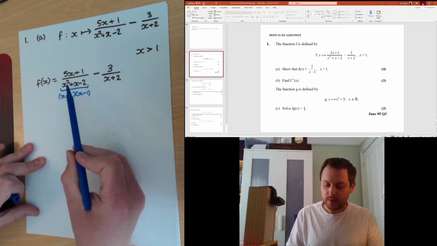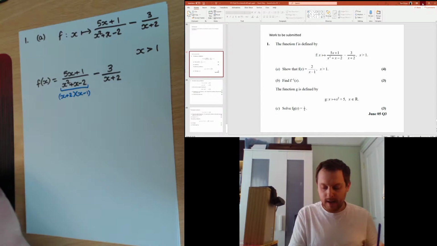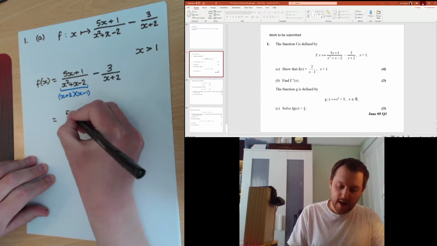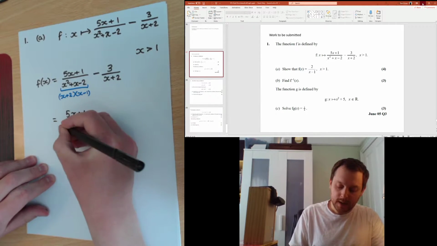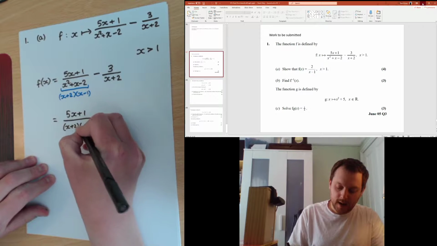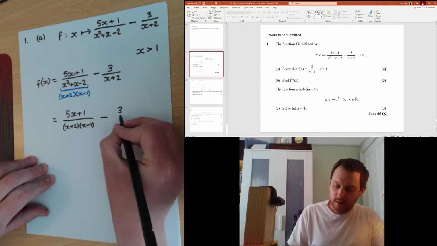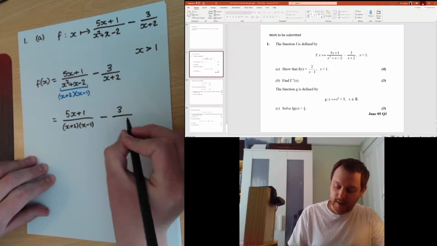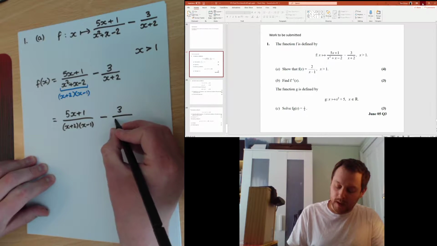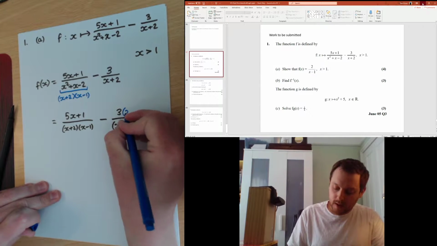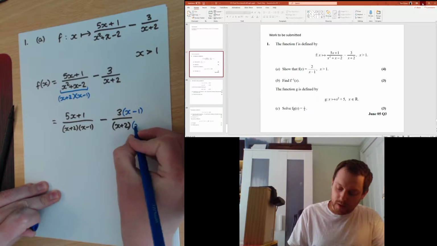What that's going to do is give me the same denominator across both of these. So this equals 5x add 1 over x plus 2, x take 1, take away 3 over x plus 2, but I'm going to times top and bottom by x take 1.